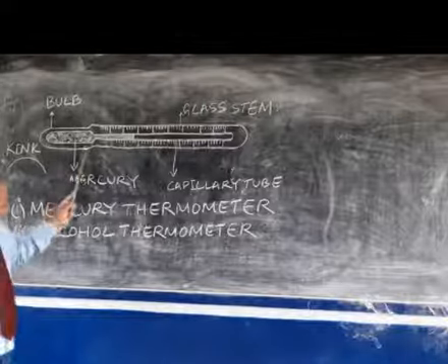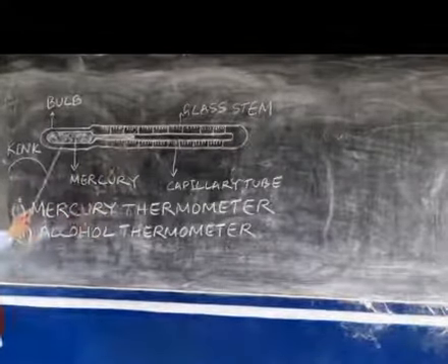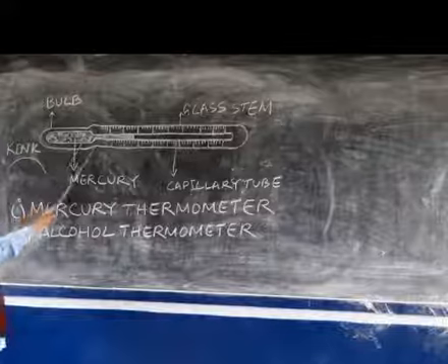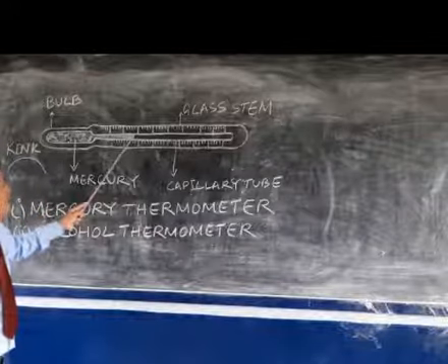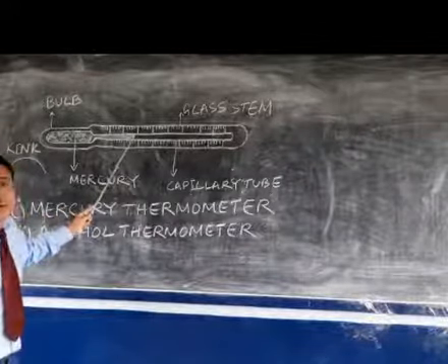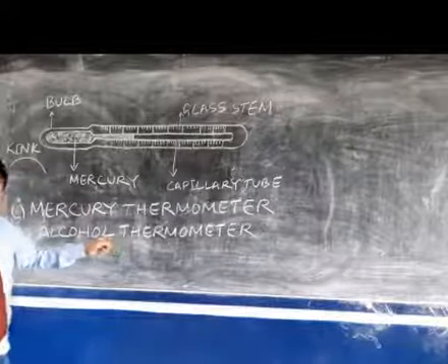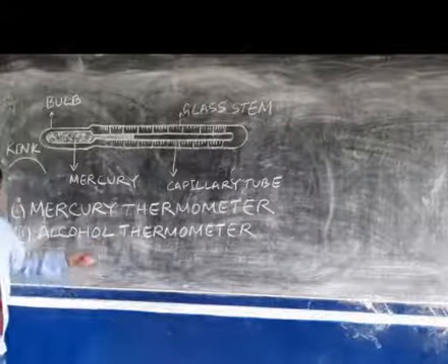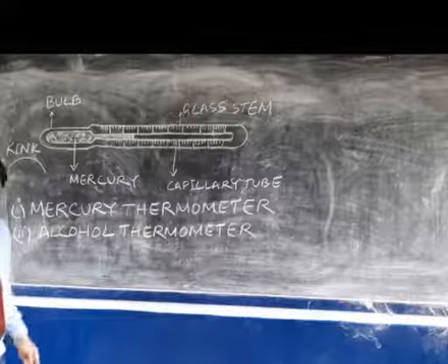Now this is about the thermometer. And when the mercury rises up, it rises according to the temperature. If there is a rise in temperature, the level of the mercury keeps on rising.